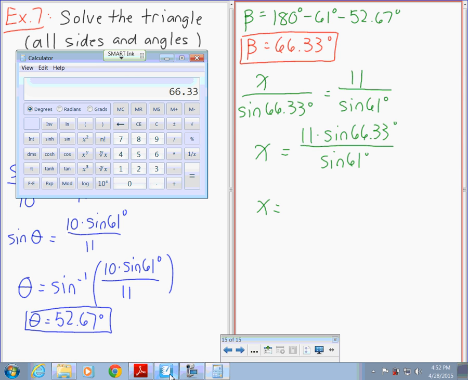While Brad figures out how to use his calculator, we'll do this up here. It's going to be sine 66.33 times 11 equals, divided by sine 61 equals, so I get 11.52. Hopefully you guys get the same answer.